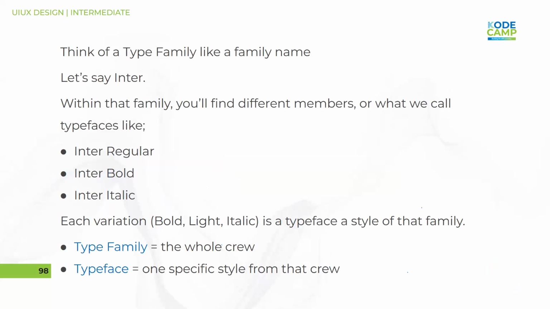Within that family, you'll find different members of the family, which can be Inter Regular, Inter Bold, Inter Italic, and each variation, bold, light, italic, is a typeface of that family, Inter. So Inter is a type family, and Inter Regular, Inter Bold, Inter Italic and the rest of it are typefaces. All right. So we said here that a type family is the whole crew, and a typeface is one specific style from that crew.